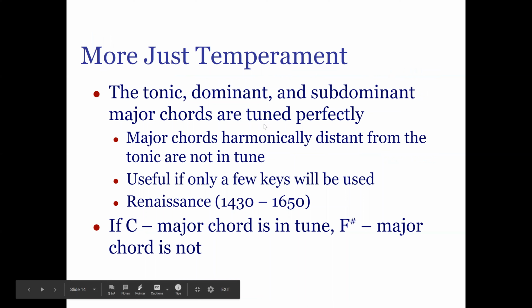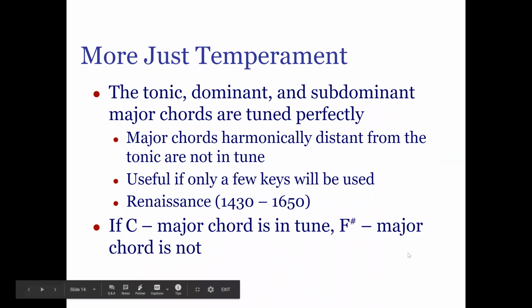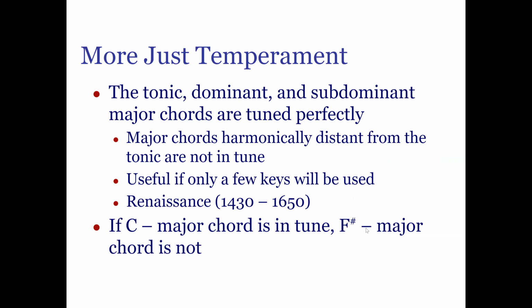So the tonic, dominant, and subdominant major chords are tuned perfectly, which means chords on the opposite side of the circle of fifths are really bad sounding, and it's useful if you're only going to play a few keys. So if you're going to play C, F, G, those all sound very close to one another and your instrument will be fine. But if you're tuned to C and you want to play something in F sharp, that major chord is really out of key and it's not really that useful.